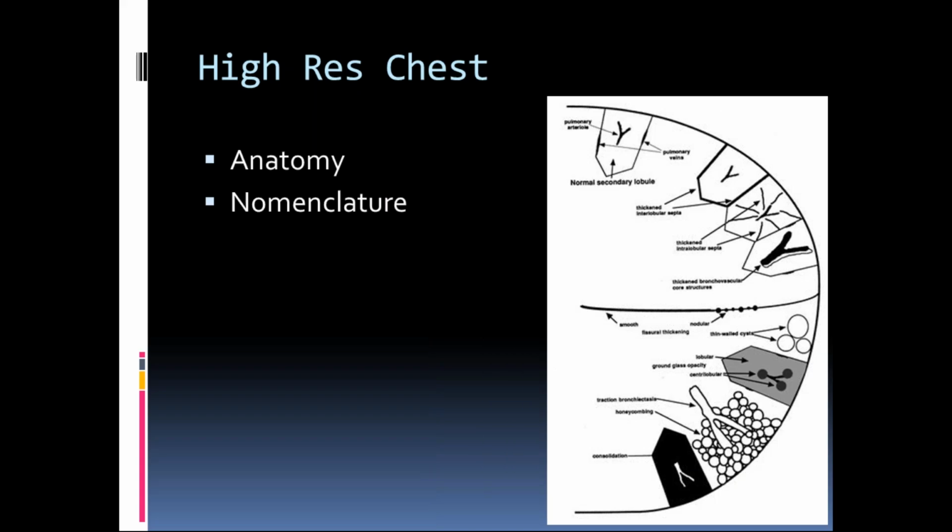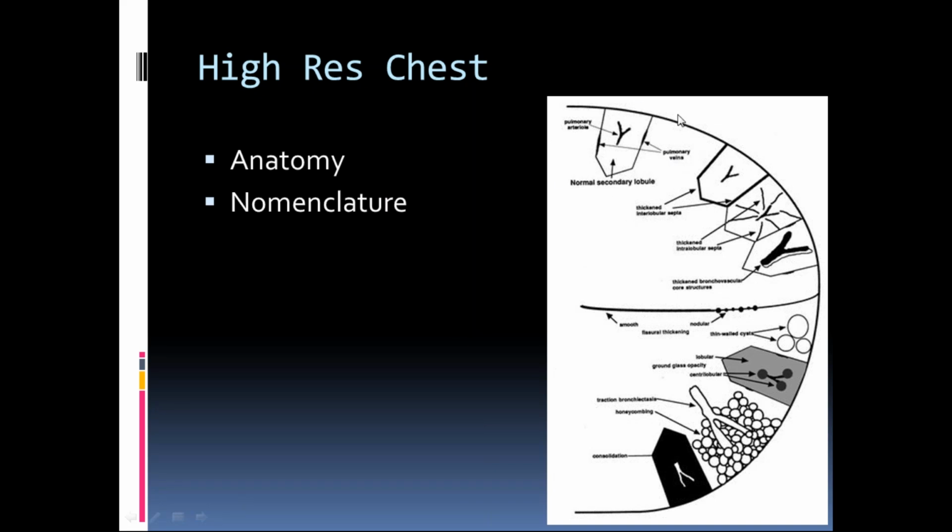So getting into high-res. Hopefully your eyes aren't glazing over by taking a look at this, because it is a busy diagram, but honestly this is the basis of all that is high-res. If we could just focus on a couple of things and not worry about every little detail and all the words on this diagram, get to know the very top thing, the normal secondary lobule.